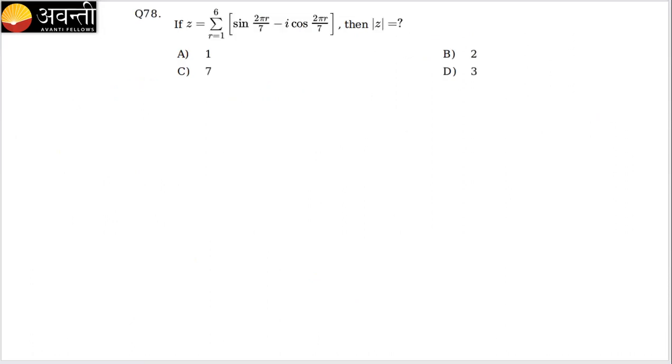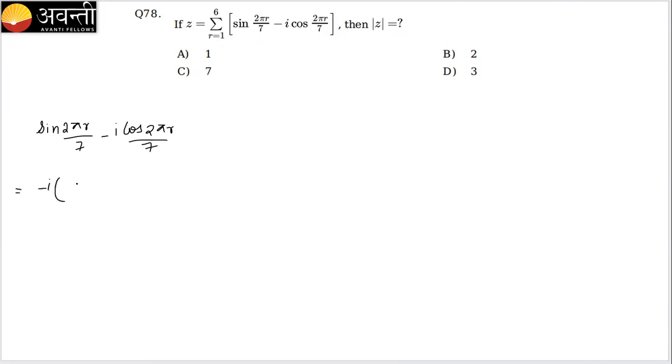This one. This is z equals summation, then modulus of z. So here we have to use Euler's rule. Whenever we have power and all, we use Euler's rule. How do we use Euler? I can write sine 2 pi r by 7 minus i cos 2 pi r by 7 as, I can take minus i common.